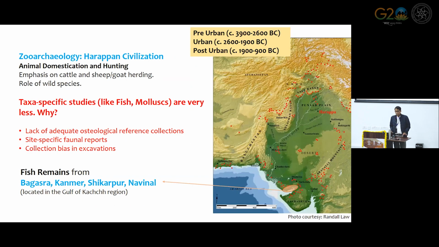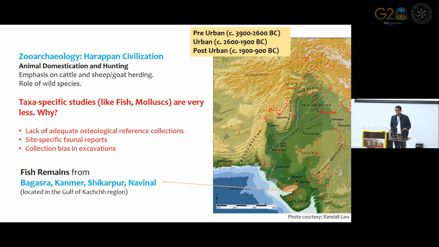And Professor Joglekar explained in great detail the zooarchaeological aspects of Harappan civilization, how animal domestication and the parallel hunting and exploitation of wild fauna have been traced through several sets of archaeological works.